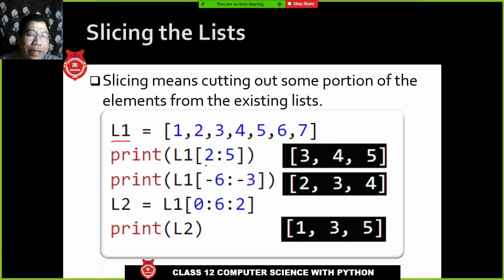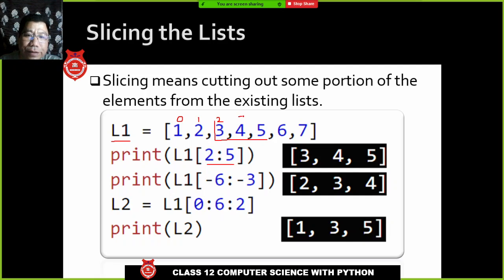So I'm going to slice out index number 2 to index number 5. Index starts from 0, 1, 2. So I'm going to cut out from index 2 and up to what? Index number less than 5.